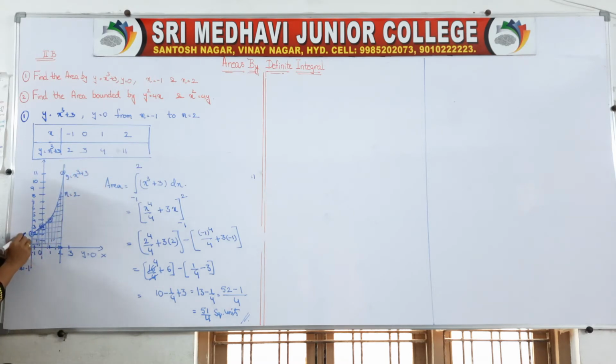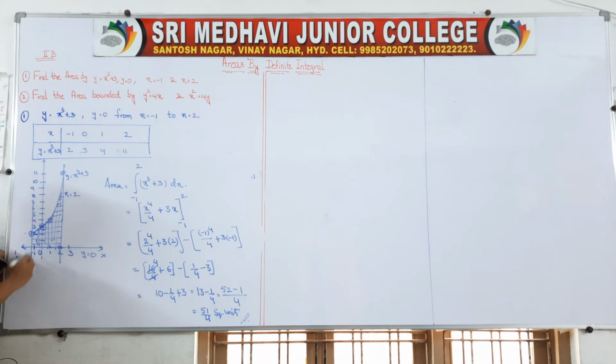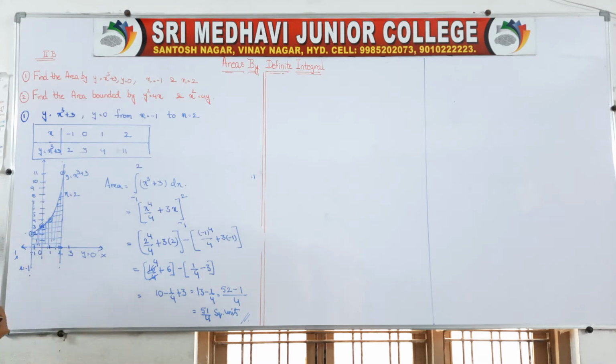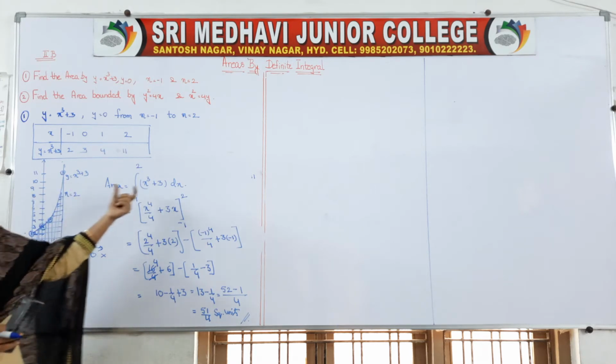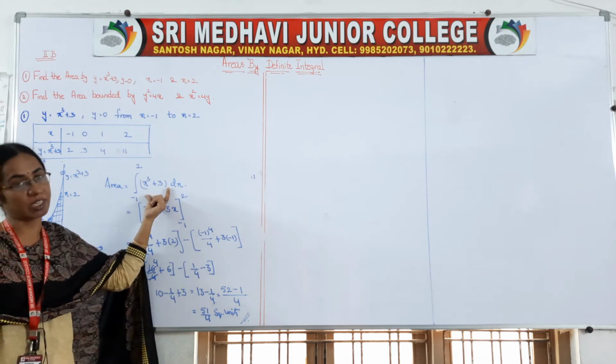This is the curve, right? With y is equal to 0, with the x-axis, and with the lines x is equal to minus 1 and x is equal to 2. Okay, so your area is above the x-axis. Whenever the area is above the x-axis, we have to take the positive sign for the given curve equation.